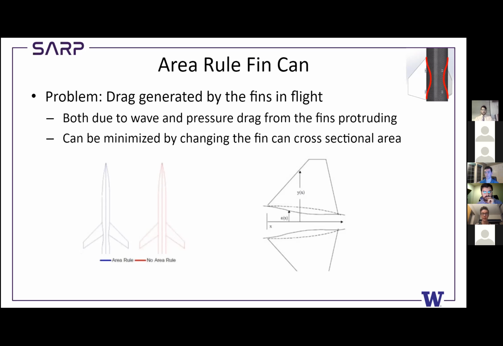If you can make out on that right-hand diagram, the little e of x is going to be the function of the curve on the body tube that the fins would sit in to reduce that area.